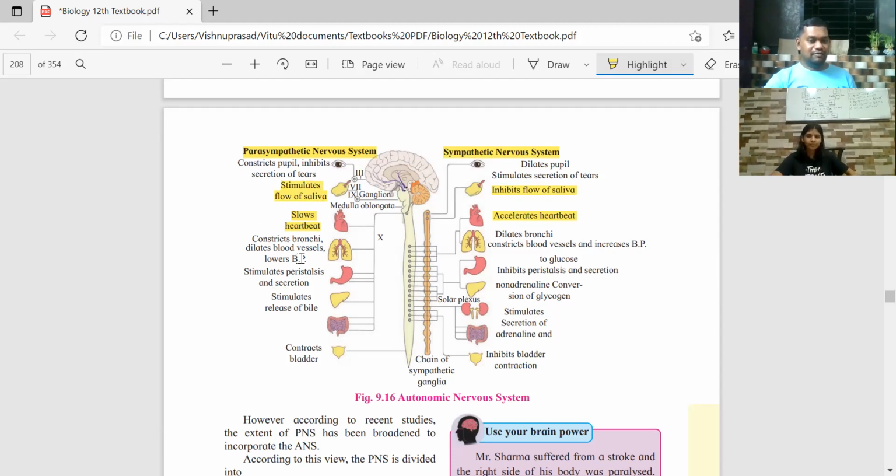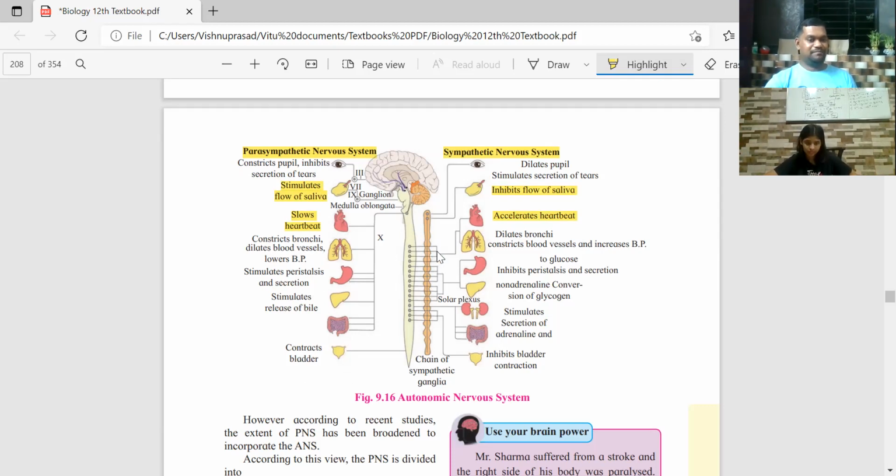Similarly, your blood vessels, the blood pressure, peristalsis, release of the bile, contraction of the bladder, all these: stimulate, inhibit, stimulate, inhibit. And all these are involuntary. Remember that.